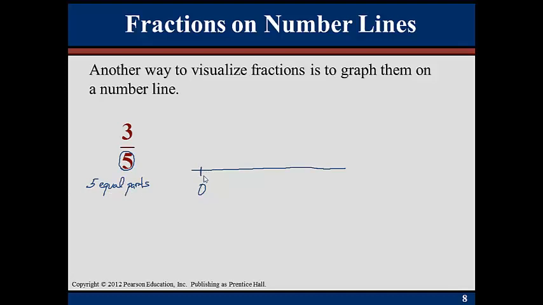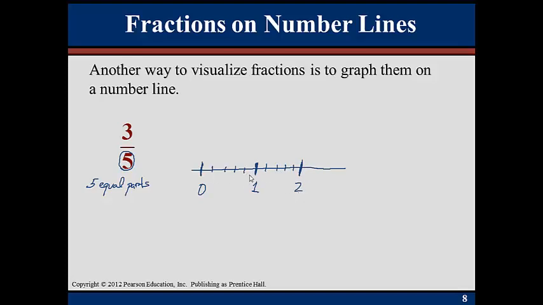So we're starting at 0, count over 5. 1, 2, 3, 4, 5. Once you're on the 5th one, this becomes 1. So it becomes the whole number 1. And you can count over 5 more. And this is the whole number 2.